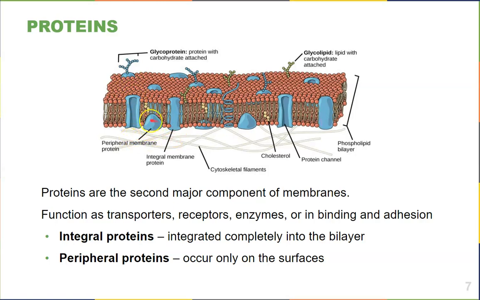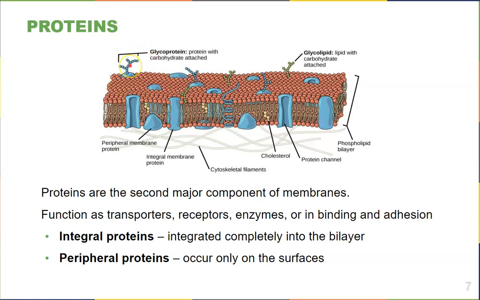Peripheral proteins are usually used to bind to something. Usually it's binding to the cytoskeleton. It might be binding to another cell if it's on the outside. It could also carry a carbohydrate on it. So this glycoprotein, there's the protein, there's the carbohydrate part, that's going to be oriented outward.